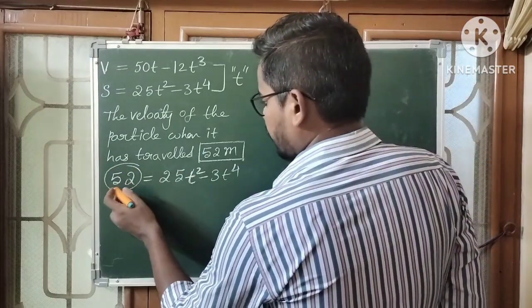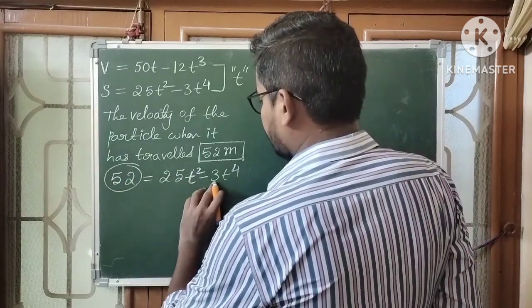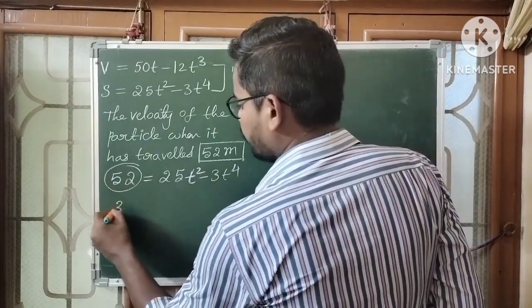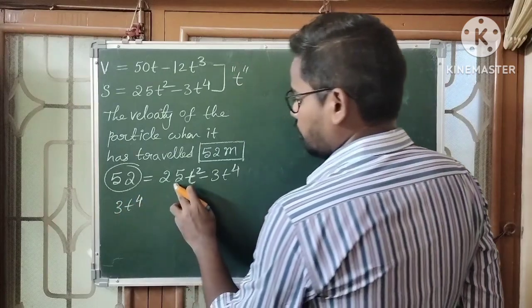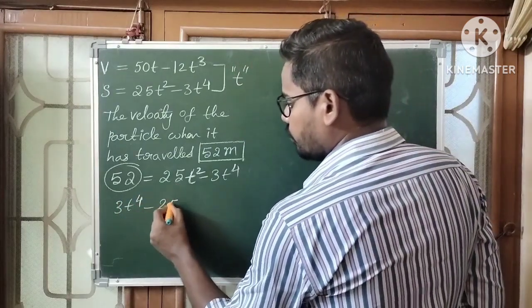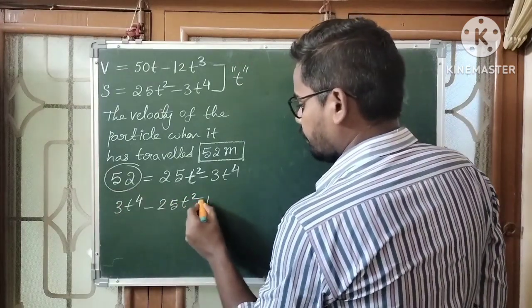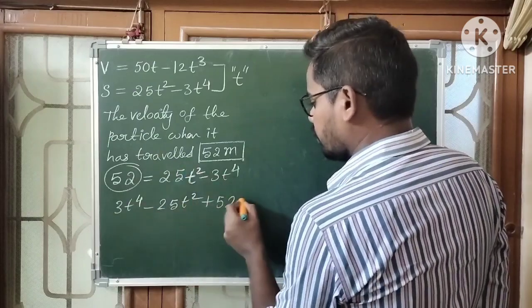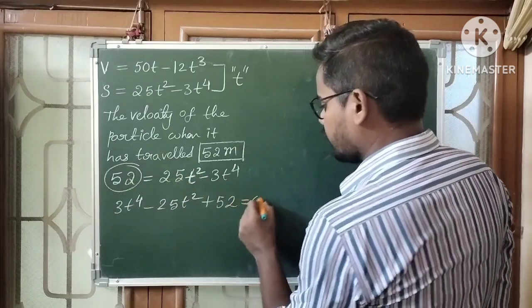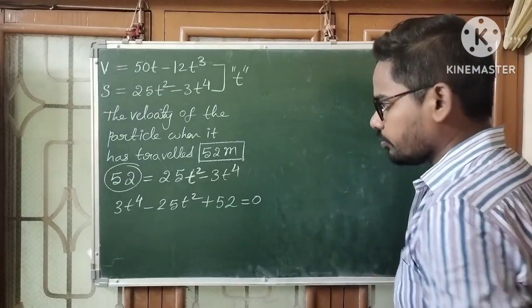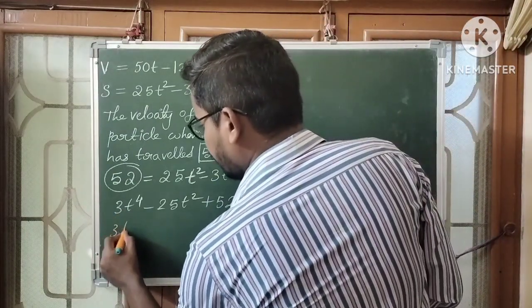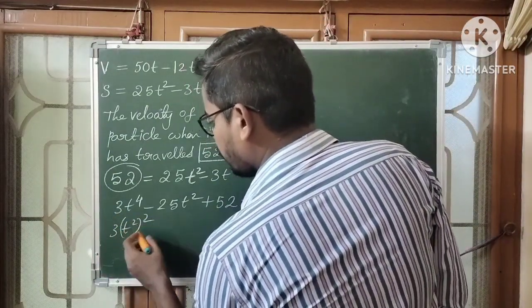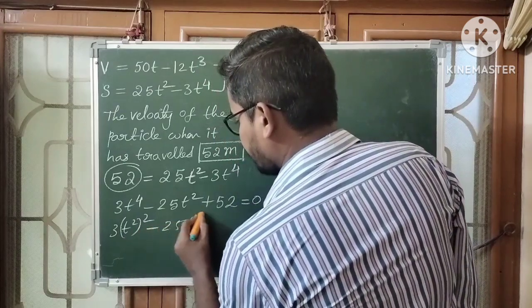Now transpose 3t power 4: minus 3t power 4 becomes plus 3t power 4, and positive 25t square becomes negative 25t square, plus 52. So all terms are transposed. Now 3t power 4 can be written as 3 times t square whole square minus 25t square plus 52 is equal to 0.